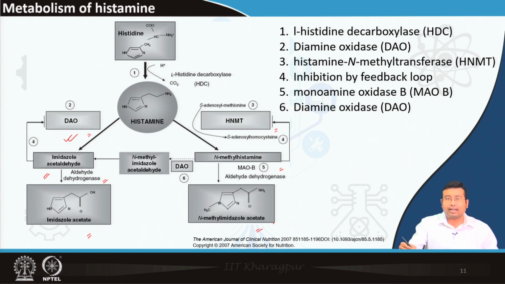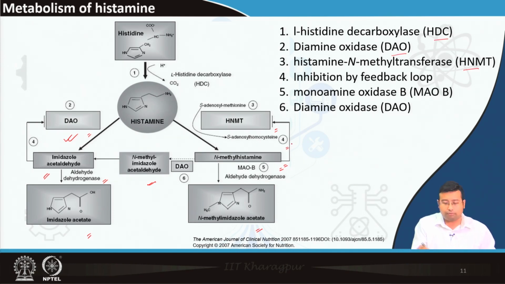Even on this N-methyl histamine, diamine oxidase can act to form N-methyl imidazole acetaldehyde. So, these are the final forms in which histamine is converted when the action of histamine is over. So, these are the enzymes: histidine decarboxylase, diamine oxidase, methyl transferase.